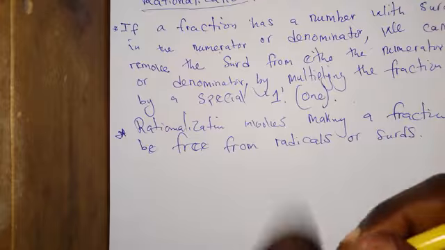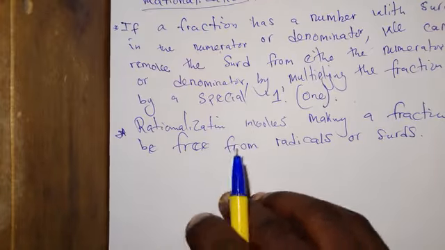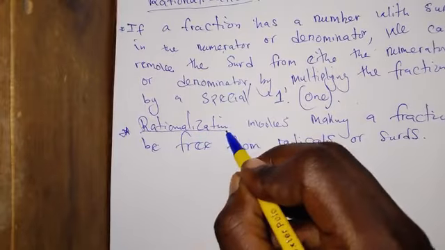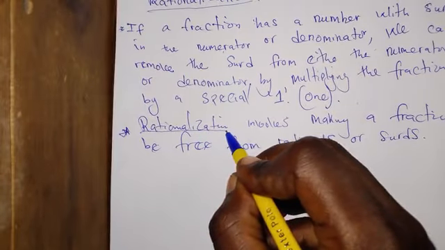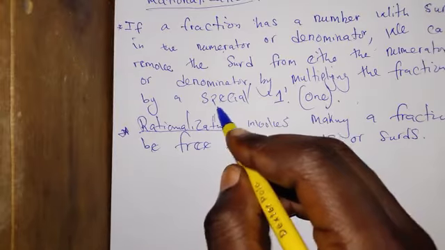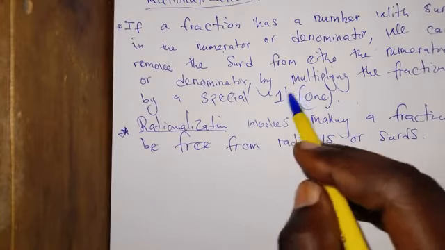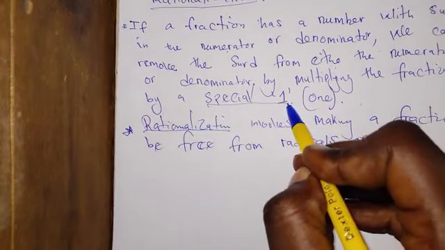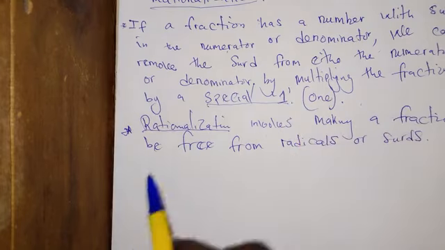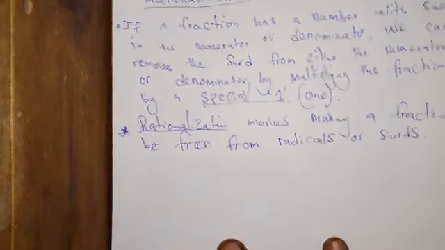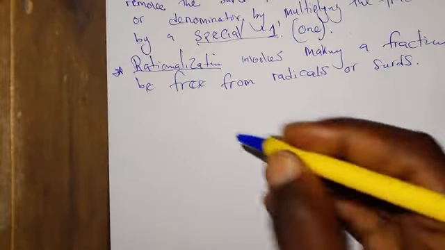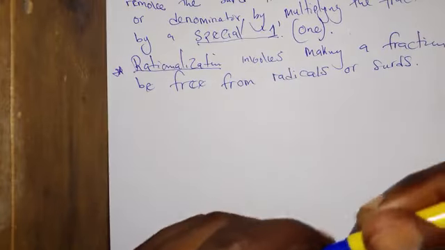If you want to make a fraction free from radicals or surds, what we're trying to do there is rationalization. And how is this rationalization done? It is done by multiplying through this fraction by a special one. So we're going to multiply this fraction by a certain special one. This one is very special. So let's look at examples. We can now dive into examples.